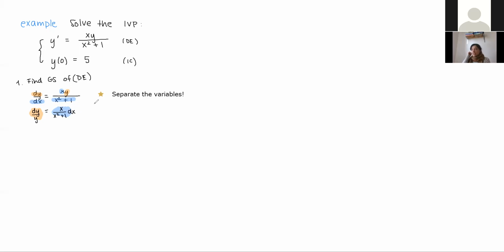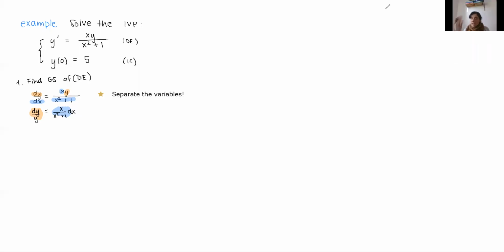Does everybody understand this? Can I see a show of hands for those of you who still don't understand what I did here? Okay, it seems like it's all very easy when I do it on the board. So you have dy over dx. I have now solved it in such a way that I have dy on the same side as the y and x on the same side as the dx, which means that now I can start integrating both sides.